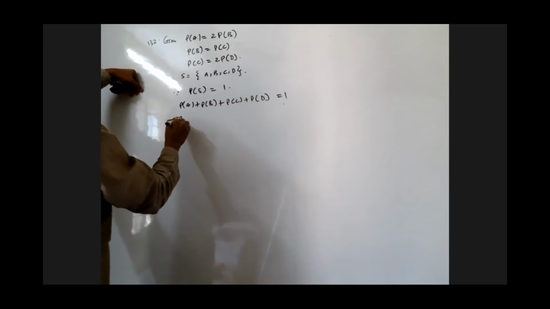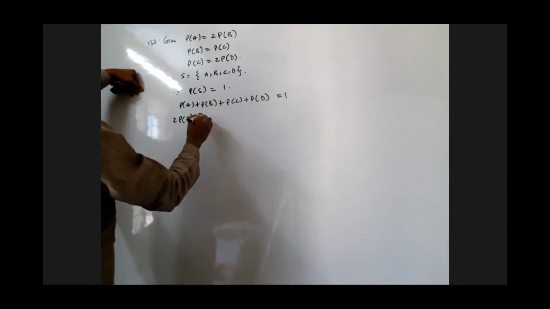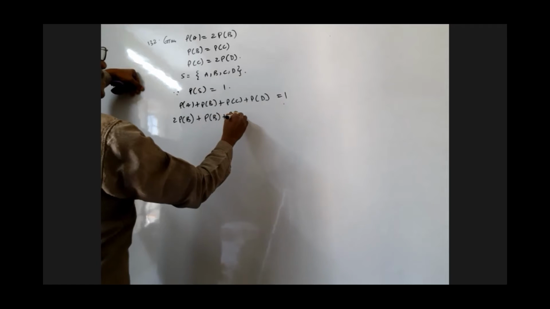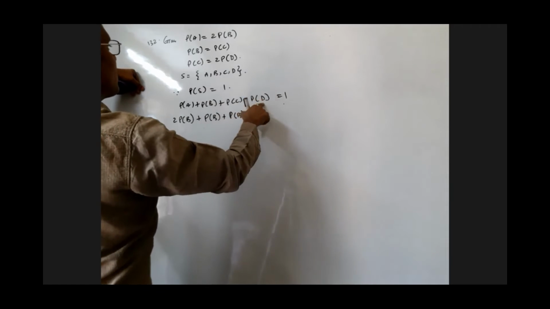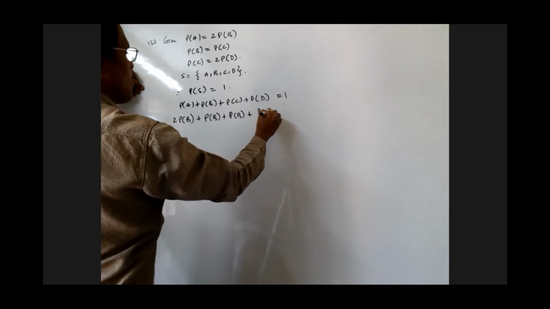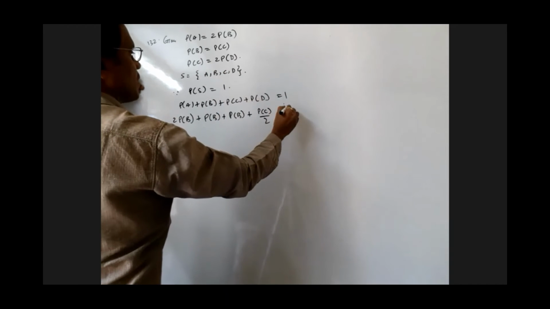That's all the remaining work we can do, my dears. What is the probability of A? I'm replacing it with 2 times the probability of B. I'm keeping the probability of B as it is. The probability of C is the same as the probability of B, so I'm replacing that also. Probability of D is probability of C by 2, that is probability of B by 2.